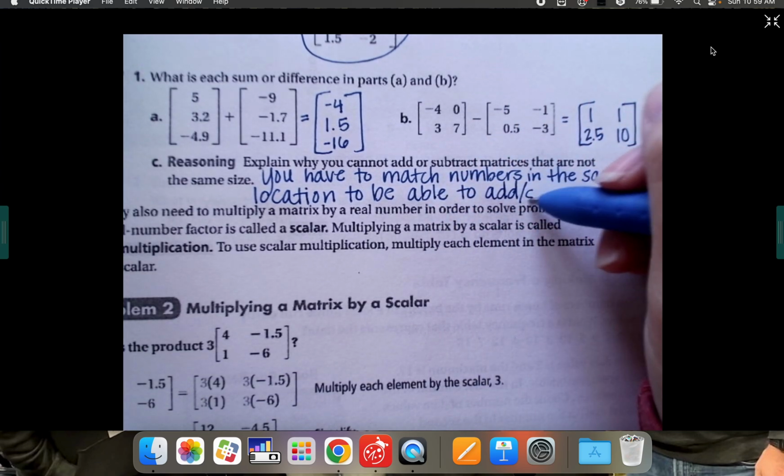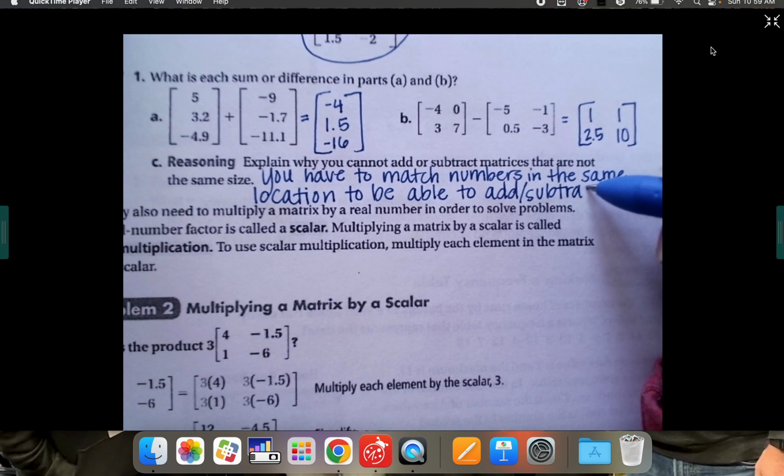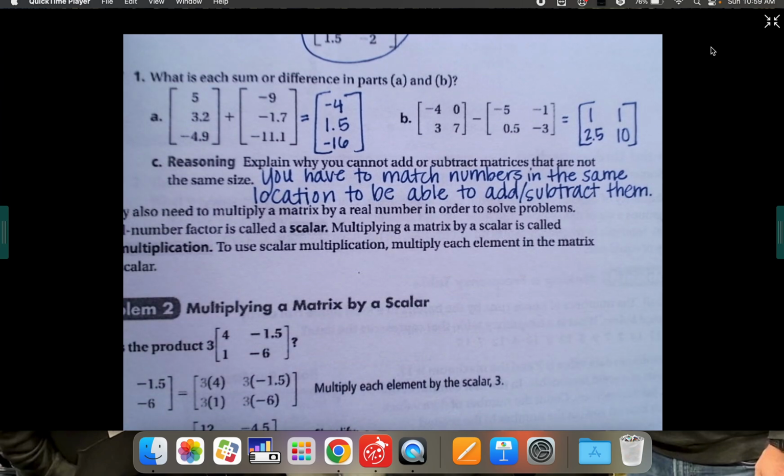So basically what that means is you can't have the shapes be different because then you'd have a leftover number that you wouldn't know what to do with.